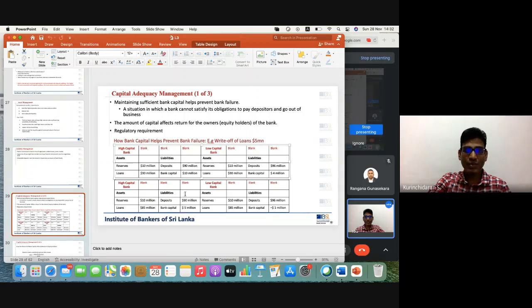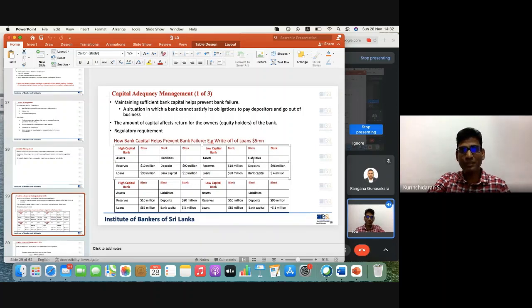So that means now after deducting this 5 million loss, your total capital now is only 5 million. Clear? So now you have, right, high capital. So then you have no issue. You can still run the bank without any problem.